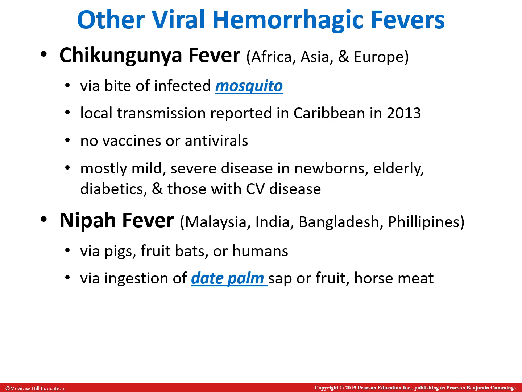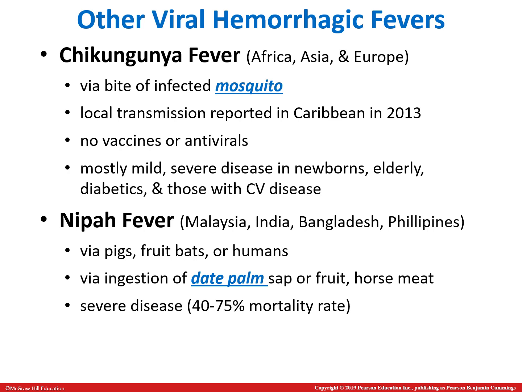It gets on the fruit, the fruit falls to the ground, and the pigs are down there and they eat the fruit, and that's how the pigs get infected. In the Philippines, apparently horse meat is one of the ways that it is transmitted to humans, because horses will ingest the fallen fruit, much like the pigs in Bangladesh. When they get infected, if you don't cook the horse meat adequately, it can be transmitted that way.